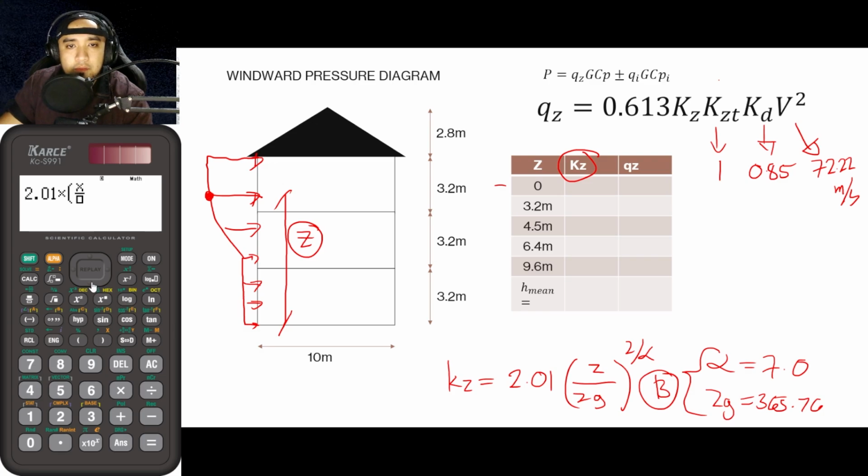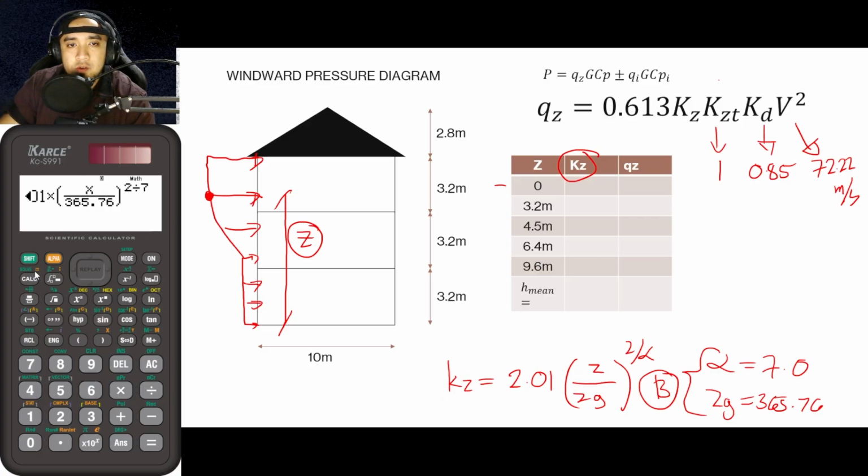So, alpha x over ZG is 365.76 raised to 2 all over alpha, and for the alpha, that is 7. Okay? So for the first one, if you are thinking that you would be substituting the value for z as 0, then that is wrong because once again, the minimum value for z should be 4.5.